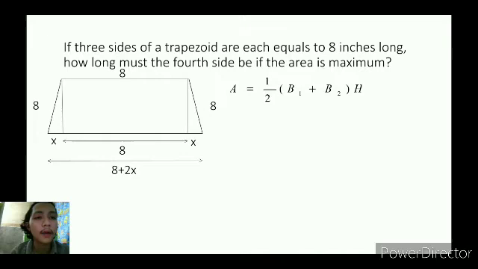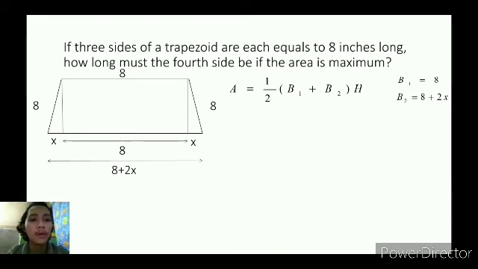In solving for the area of the trapezoid, we have A is equal to 1 over 2 times (b sub 1 plus b sub 2) times height.